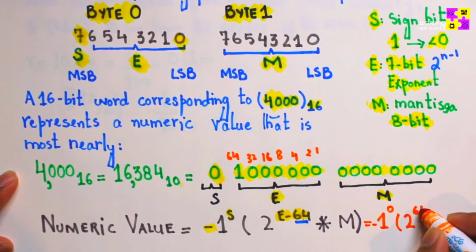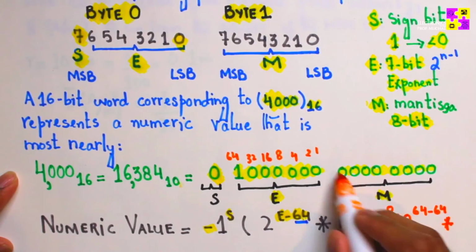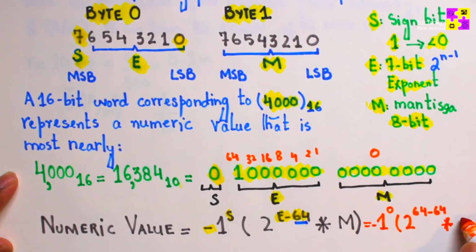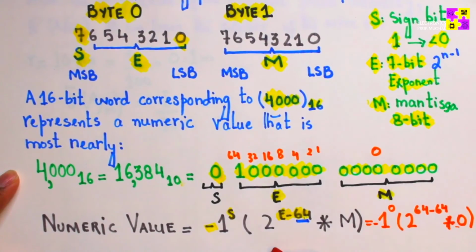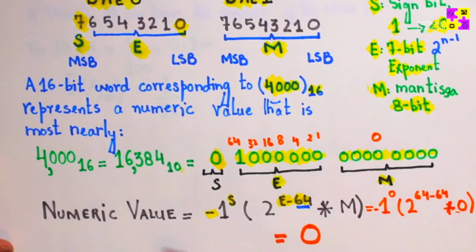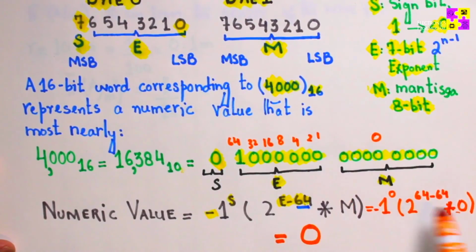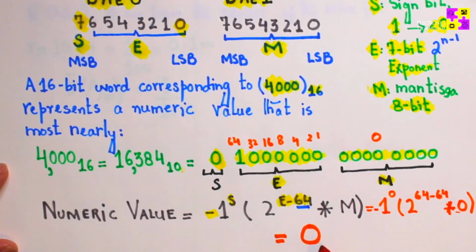So 64 minus 64, times the mantissa. The mantissa is simply 0, because all the bits are 0. So we multiply that by 0, and anything you multiply by 0 becomes 0. So the numeric value in a 16-bit floating point representation for 4,000 in hexadecimal is 0.